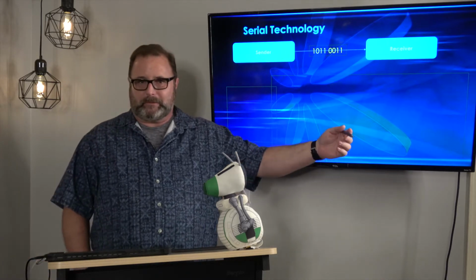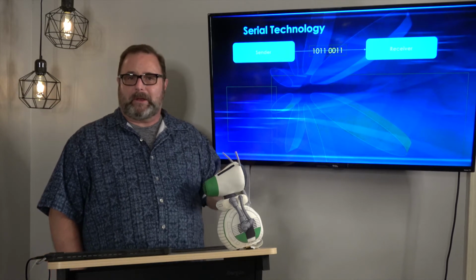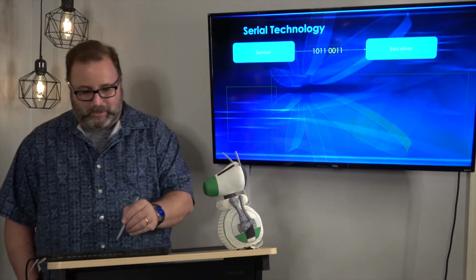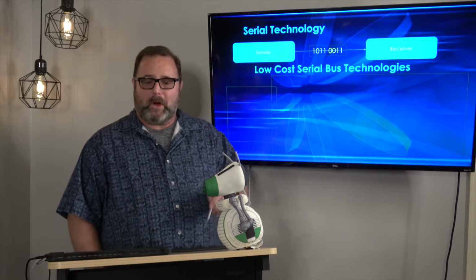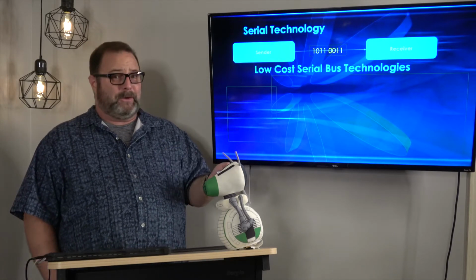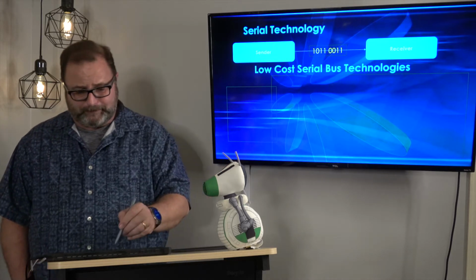They're coming in position. So there becomes more overhead with parallel than it's worth, because of the new speeds of some of the serial protocols. So we have some very low-cost serial bus technologies that work pretty darn well. Let's start at the top and go through what these are.